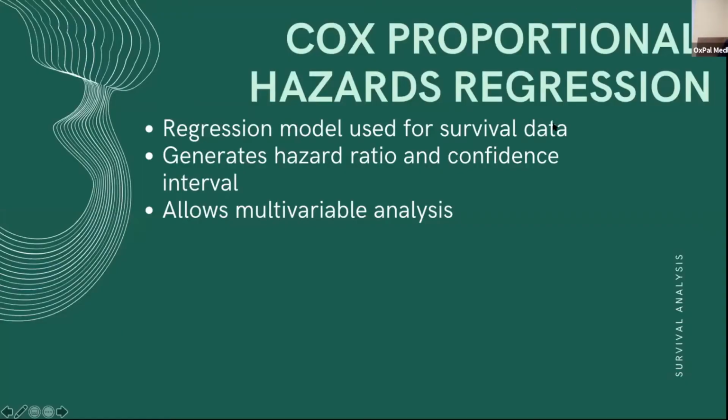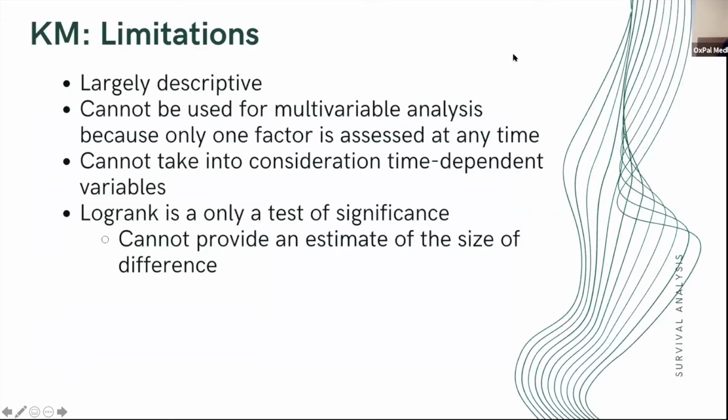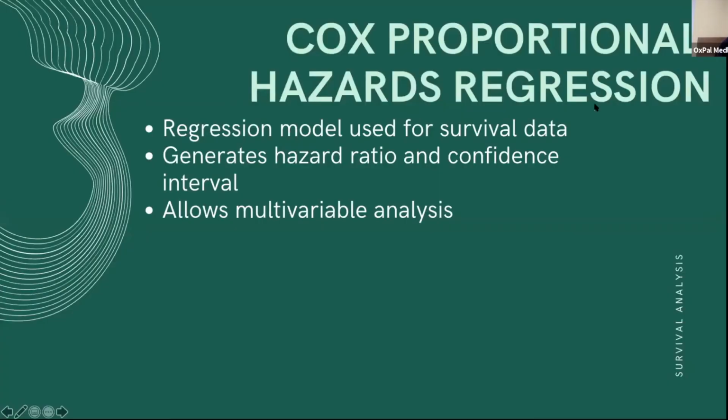So in response to these limitations, primarily that we cannot provide an estimate of the size of difference and we cannot do multivariable analysis with Kaplan-Meier right now, we do Cox regression, proportional hazards regression.